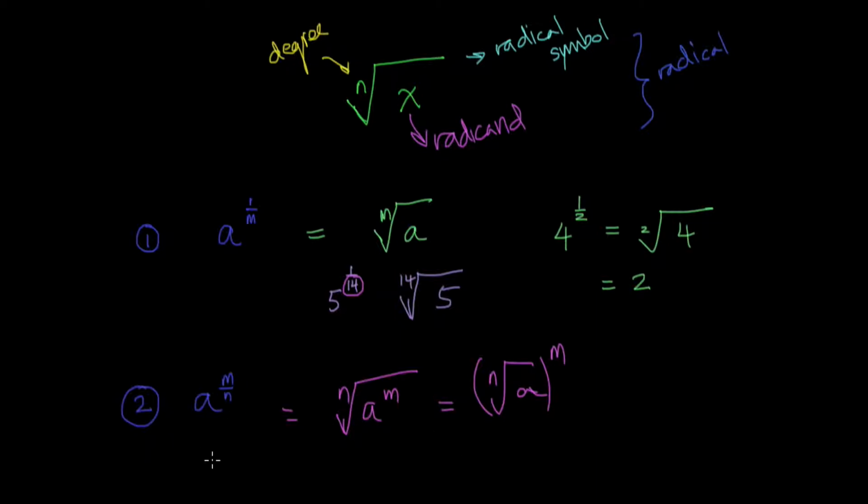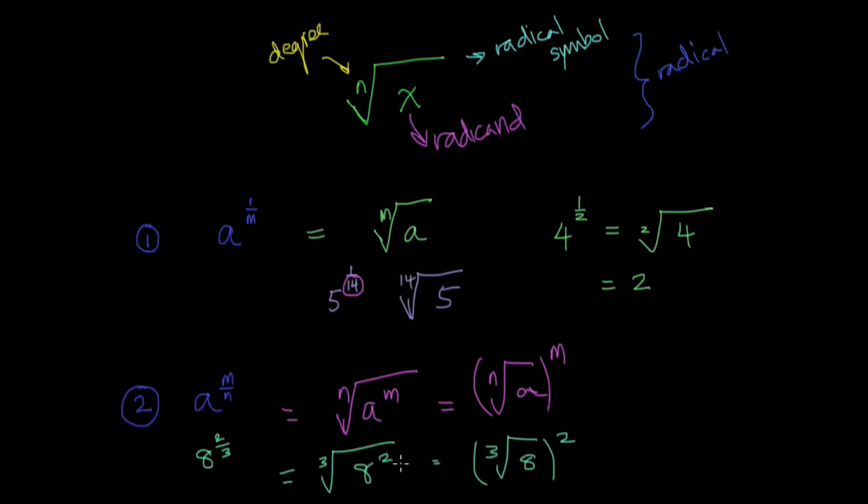If I have 8 raised to the, let's say, 2/3, then I could either write it like this, so my 3 becomes the root. I could have the cube root of 8 squared, or the cube root of 8 the whole squared. Now, if you notice, 8 squared is 64.